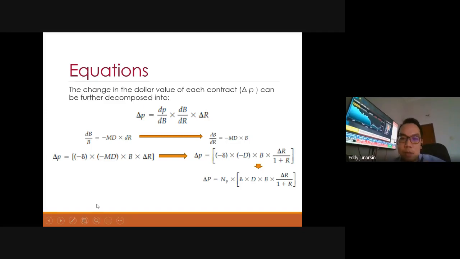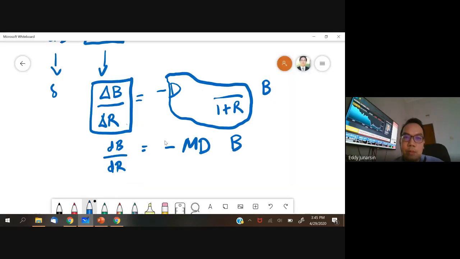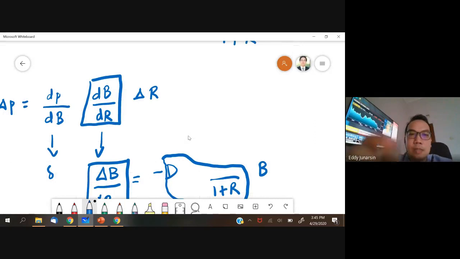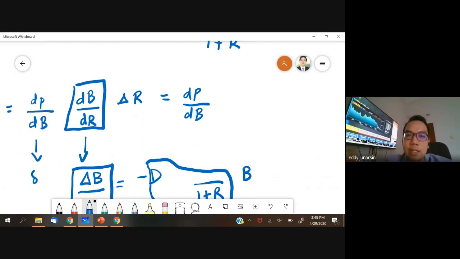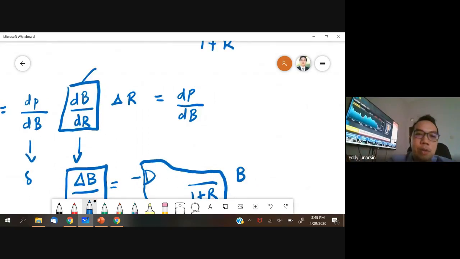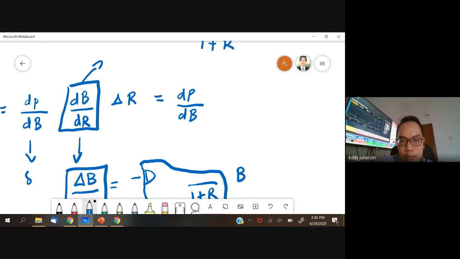So maybe we'll extend it here. This should equal what? The delta of the option, dP/dB, the change in the option value per $1 change in the bond value. Again, this is the underlying bond, right? And then we extend it.